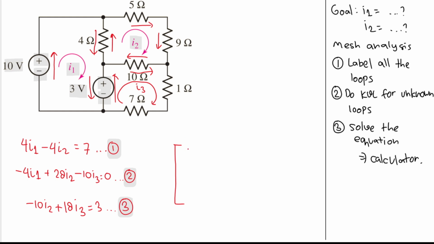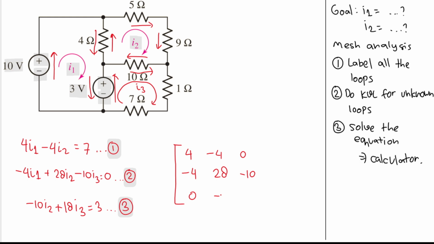So I'll have 4 and then minus 4. But remember, we also have I3 here. So I will have 0 here. Then we will have minus 4 and then 28 and then minus 10. And then for the last equation, I will have 0 because we don't have I1 components here.